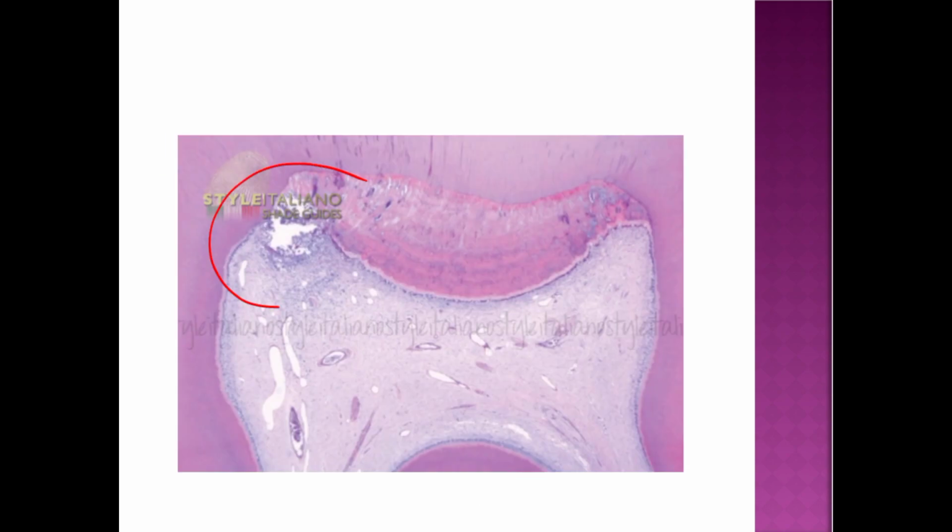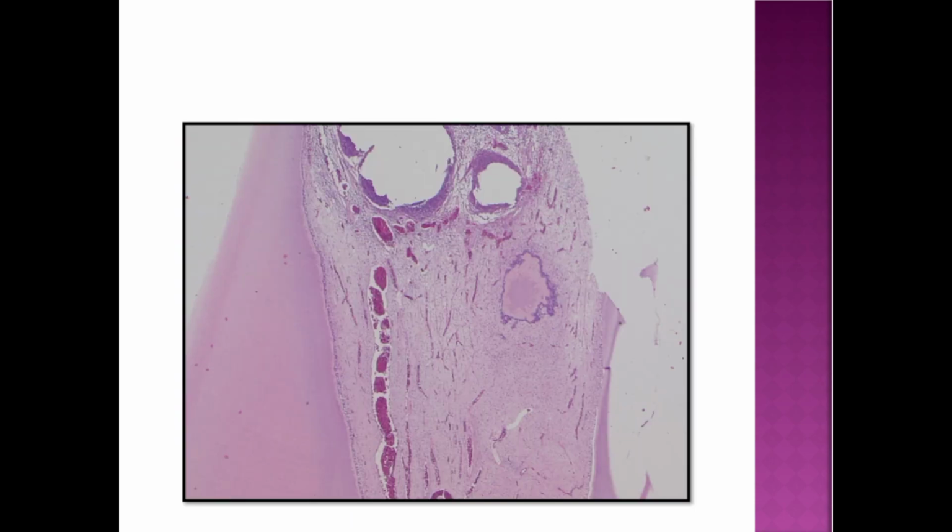You can see this is the pulp. These are dilated blood vessels. Here is the edema.